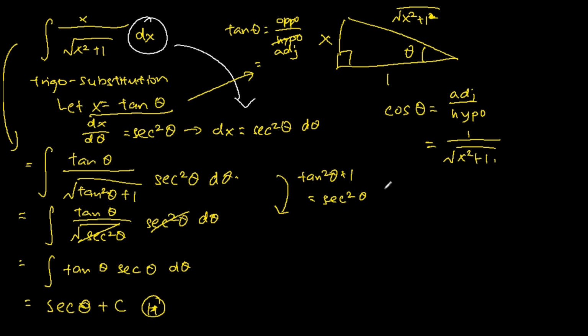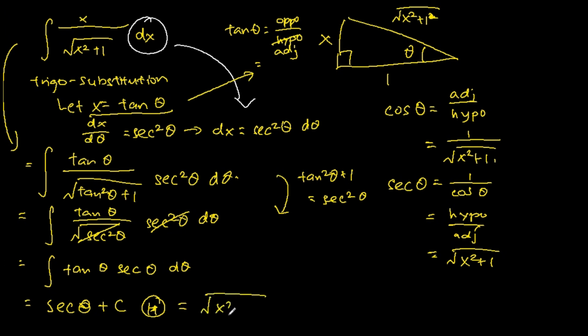Hence secant theta is equal to 1 over cosine theta, which is equal to the hypotenuse over the adjacent, in other words just the square root of x squared plus 1. So to convert back into x from theta, secant theta is the same as square root of x squared plus 1, plus c.